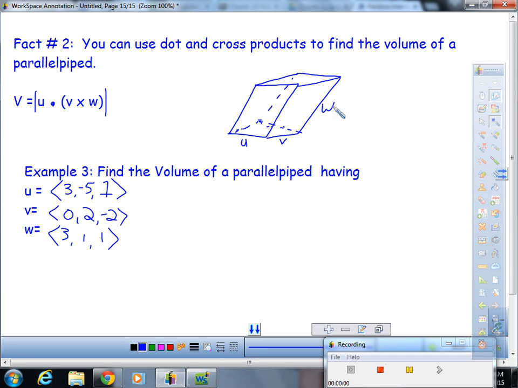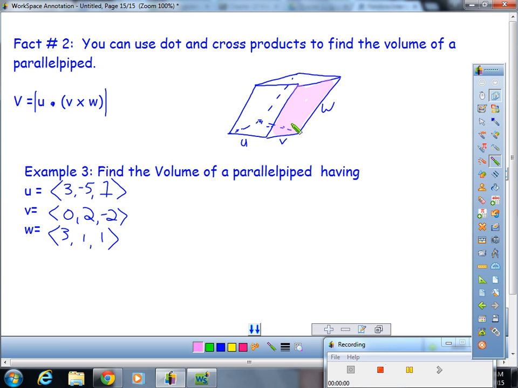Well, if you just think about this, the magnitude of V cross W gives you what? The area of the base, okay? The magnitude of V cross W would actually give you the area of this side of it, so we'd have to call that the base.